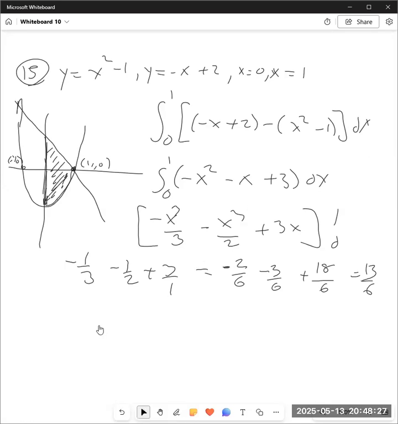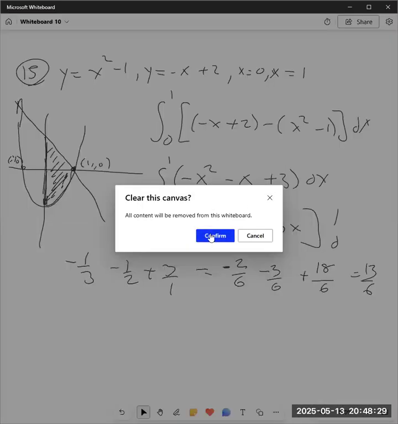Let's look now at number 17. Number 17 says y equals x squared minus 4x plus 3, y equals 3 plus 4x minus x squared. And they don't give me any other boundaries. So I'm going to have to find the points of intersection to see where the bounds are here.